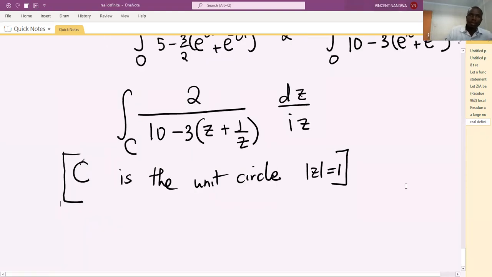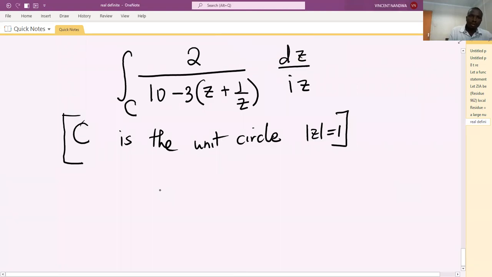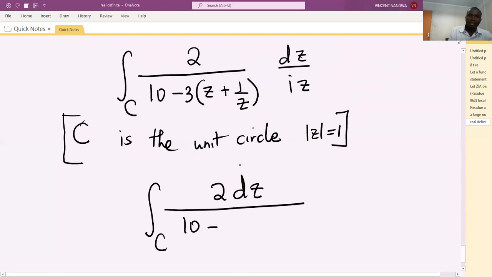So this will be the integral along C of 2 dz. Now here I have 10 minus, if I factor out z, 3 over z, and then z squared plus 1, then I have iz here.